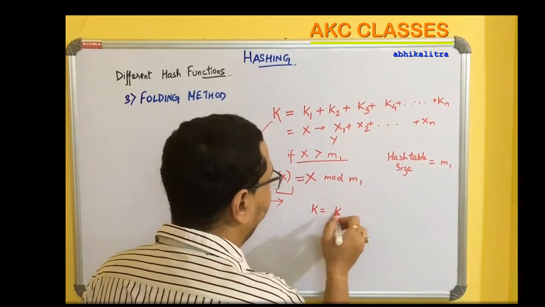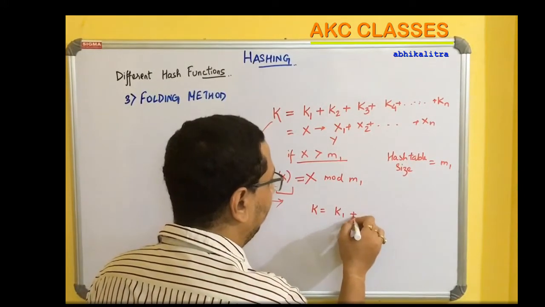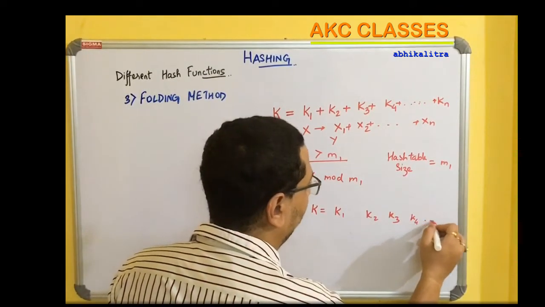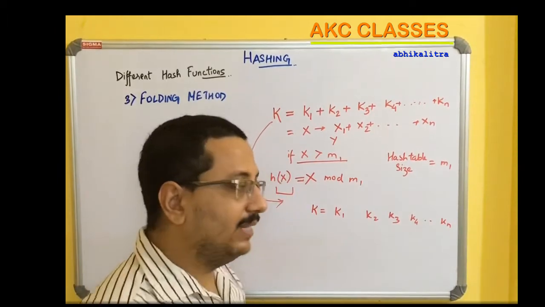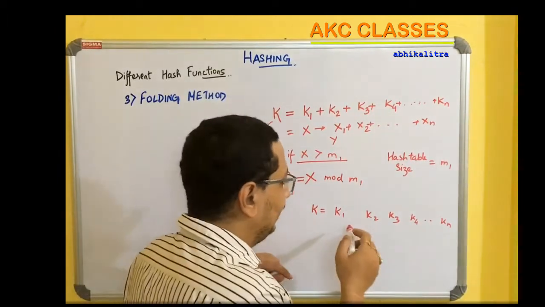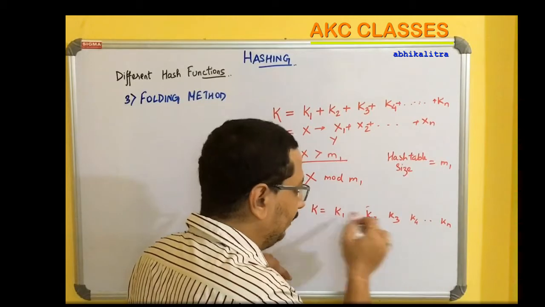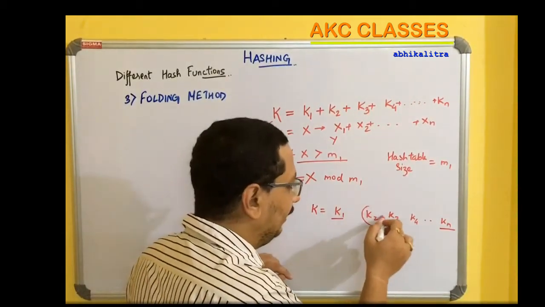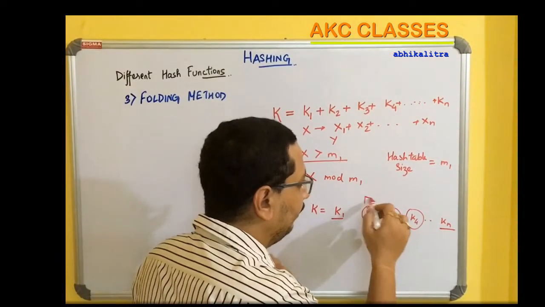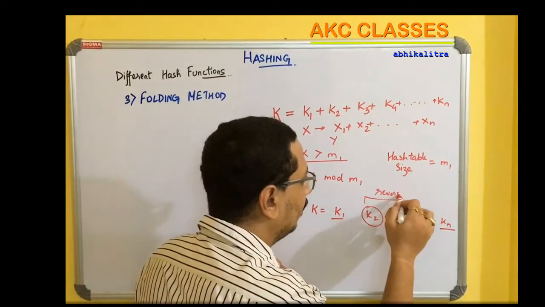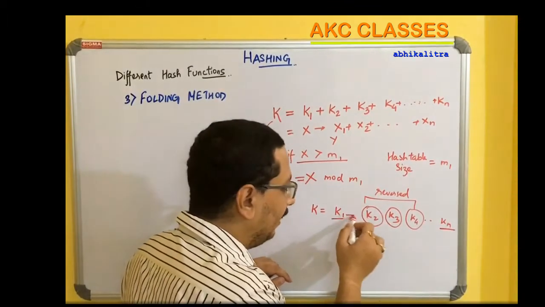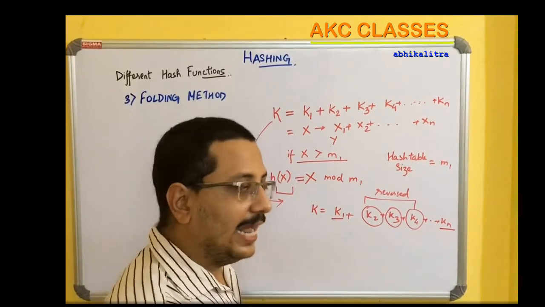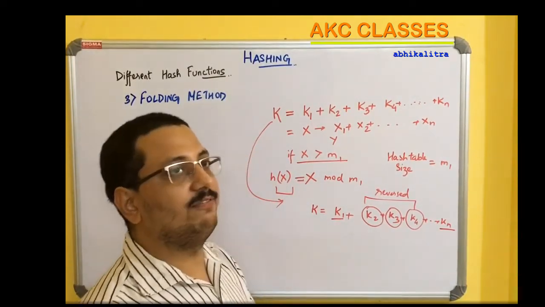If I chop key k as k1, k2, k3, k4, ..., kn, some methods or some books show that except for the boundary values k1 and kn, all the intermediate chopped pieces are reversed, and then all the chopped pieces are added together. Right? So the adding and chopping has several different kinds of variations.